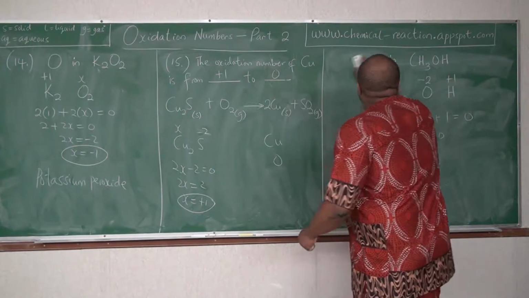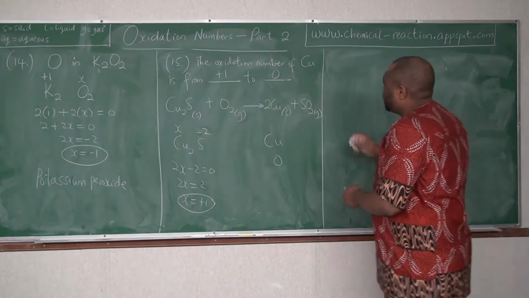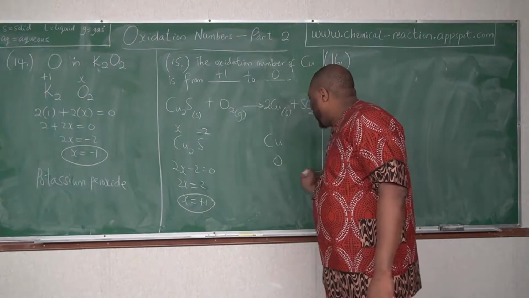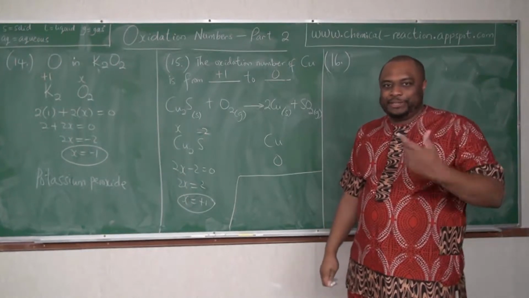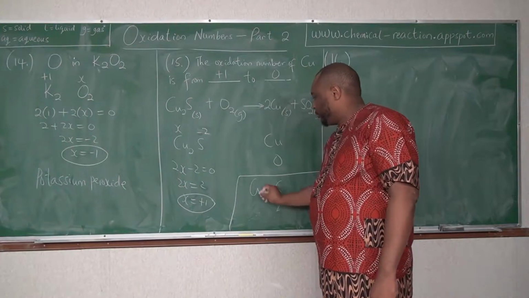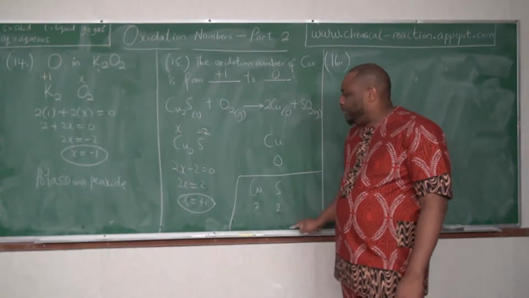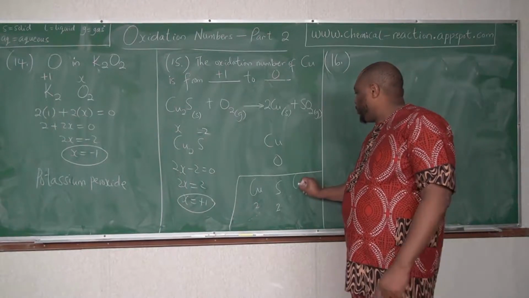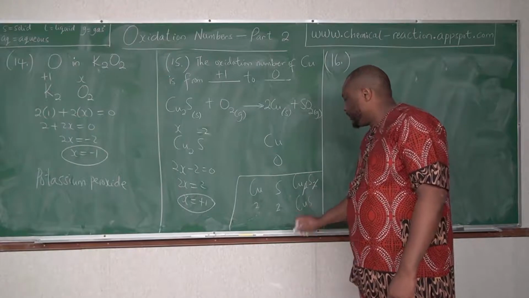Okay, question 16 is next. Another way you can tell this, even without solving, let me teach you a trick. You have copper, you have sulfur. Copper 2 sulfide is just CuS because the 2 will cancel. When you have Cu2S2, the 2 cancels the 2, so you have CuS.